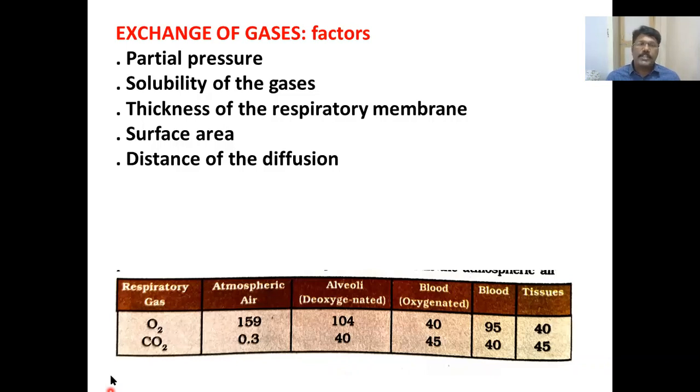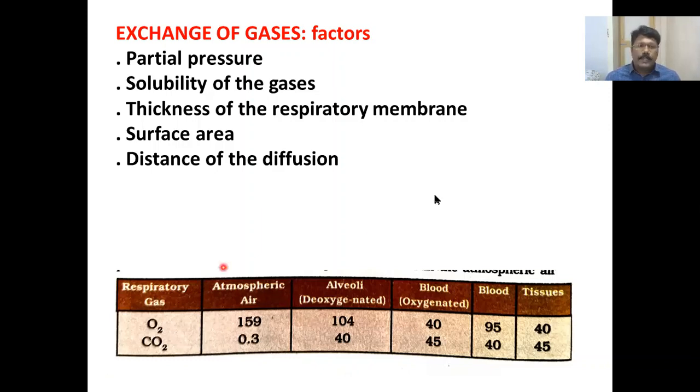And now the surface area. The surface area refers to the amount of area which is in contact with the air. So surface area also plays a very important role in the exchange of the gases. And the distance of the diffusion. So how much distance it has to travel, the distance of the diffusion is also an important factor.